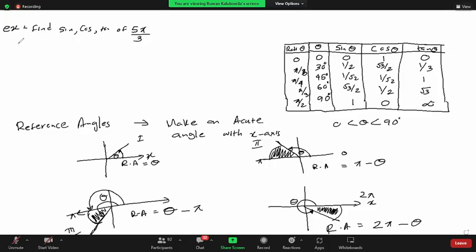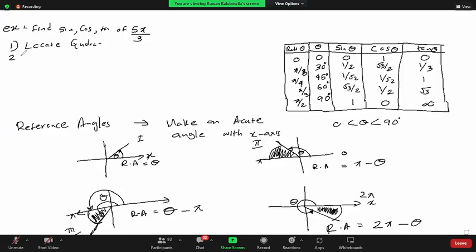So how do we do it? These are the steps you can follow. First step, locate the quadrant. That means where this angle stays. First quadrant, second quadrant, third quadrant, or fourth quadrant.